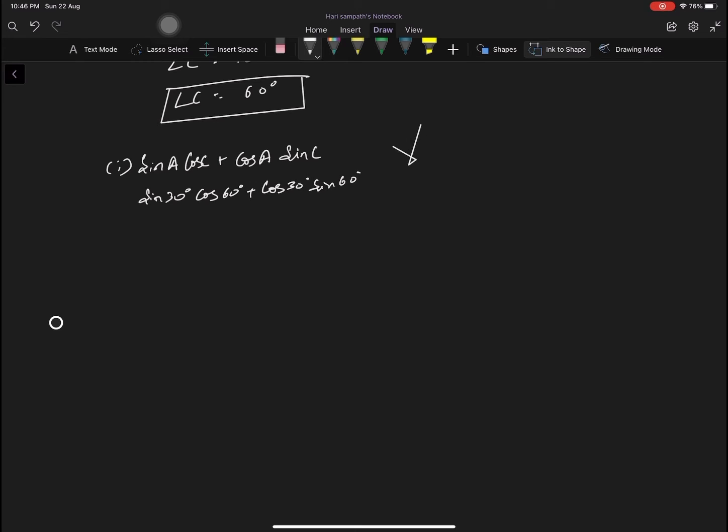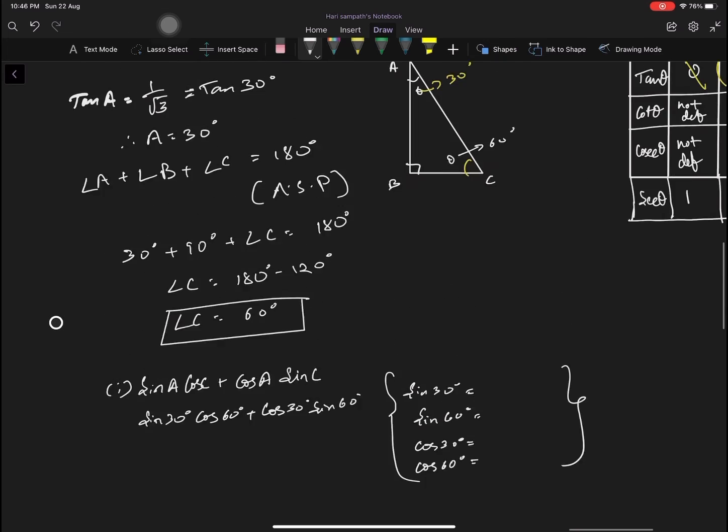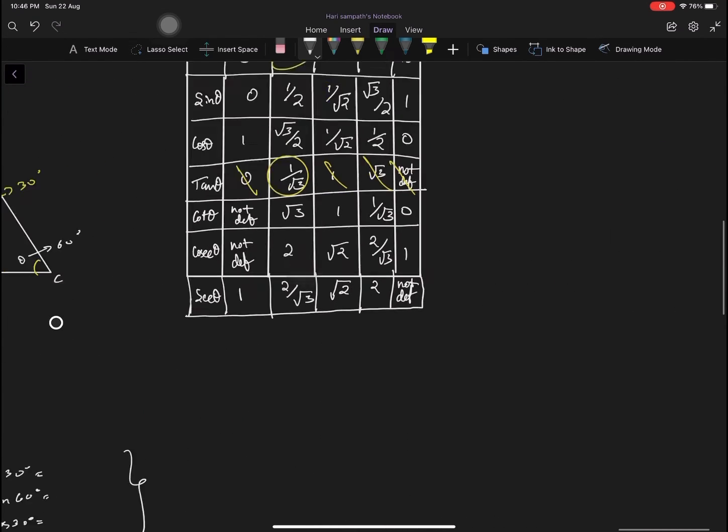I'm pretty sure it's gonna be very easy for all of you. And I'm gonna be doing a small table in which I note down all sin 30, 60, cos 30, 60 values. So let me note that down. Open the bracket. Next, let's find out what is sin 30.